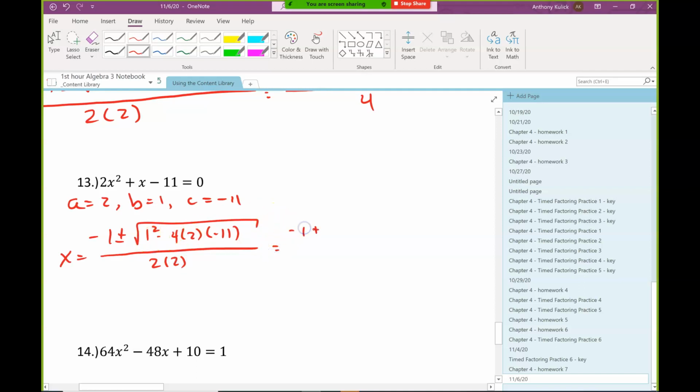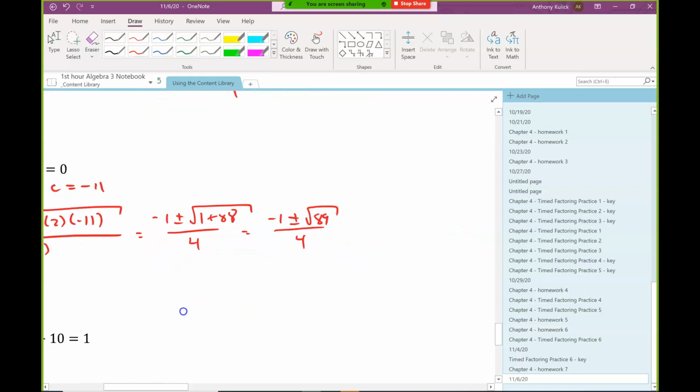So I have -1 plus or minus 1 squared, which is just 1. 4 times 2 is 8. 8 times -11 is -88, but it's really plus. So that's -1 plus or minus the square root of 89 over 4.